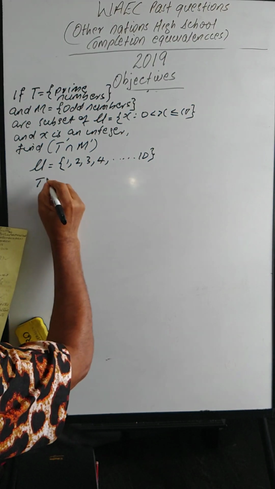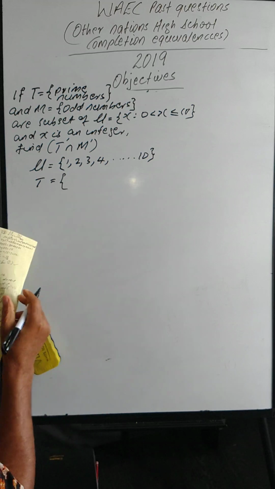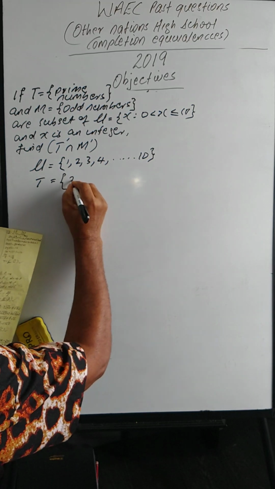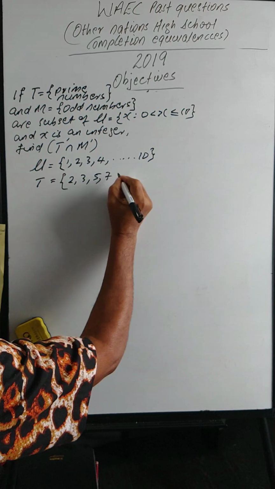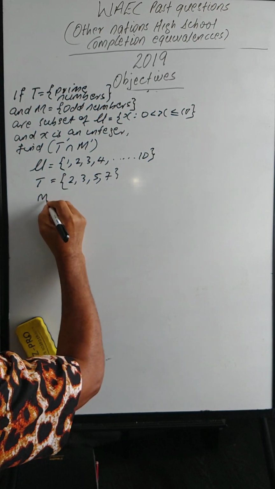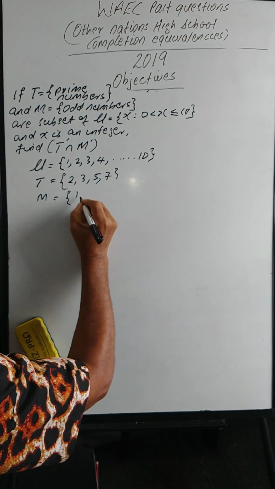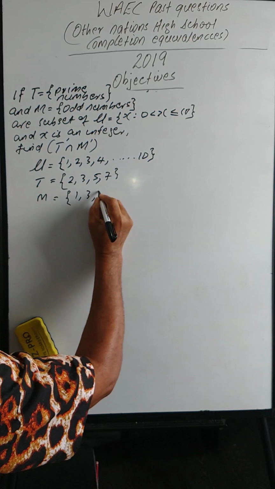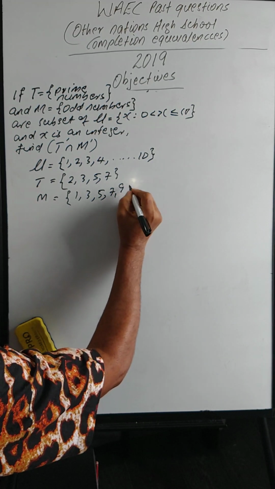While t, which is the prime numbers in this very universal set, that is 2, 3, 5, and 7. And m is the set of 1, 3, 5, 7, and 9.